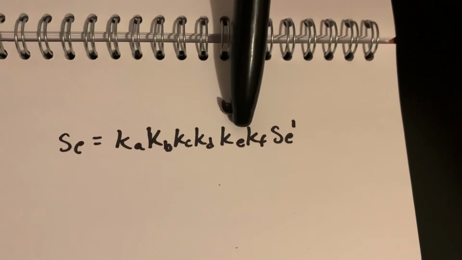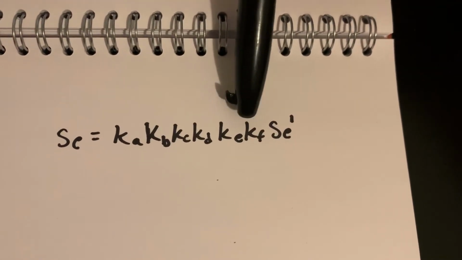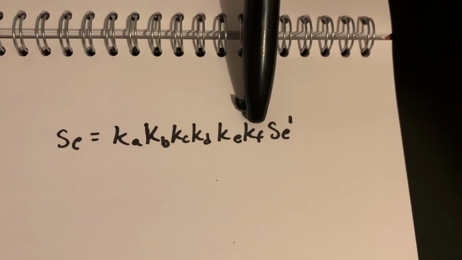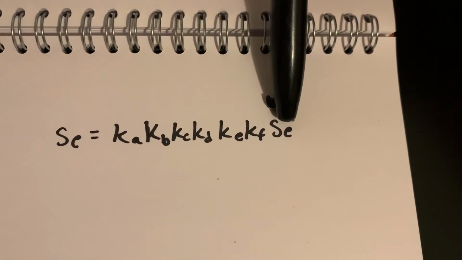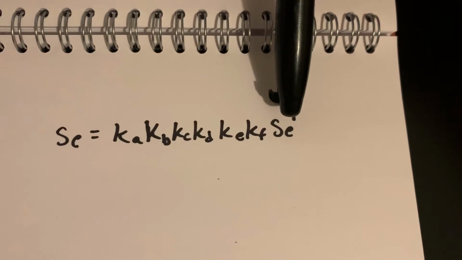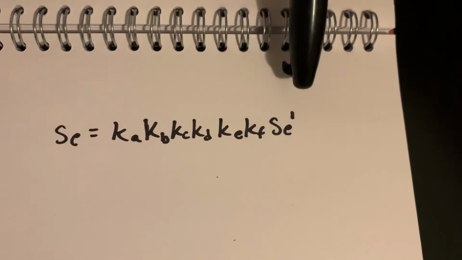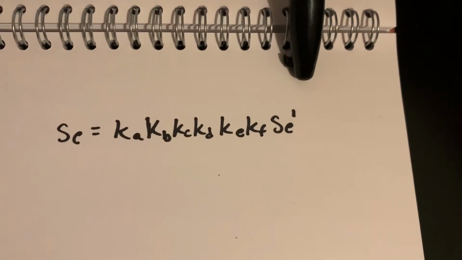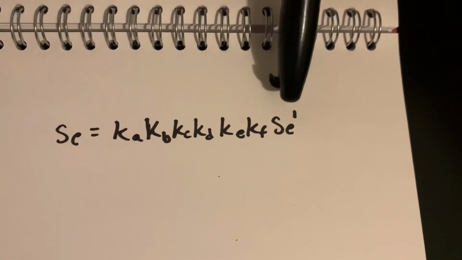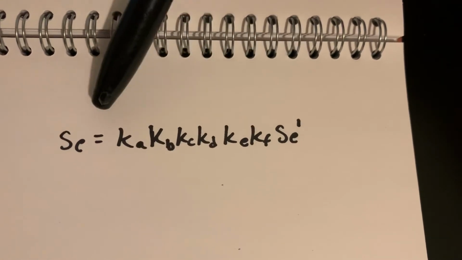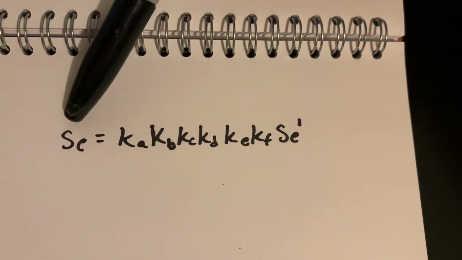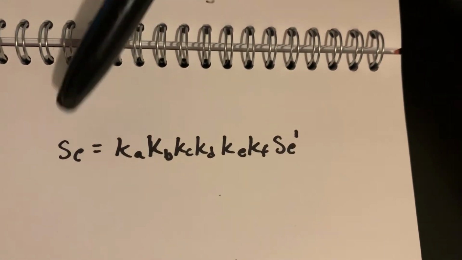K sub E is the reliability factor. K sub F is a miscellaneous effects modification factor. Then our S sub E prime is called the rotary beam test specimen endurance limit, and this is prepared from a test specimen. We use all these to calculate our endurance limit, S sub E.